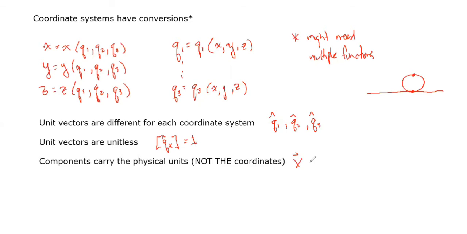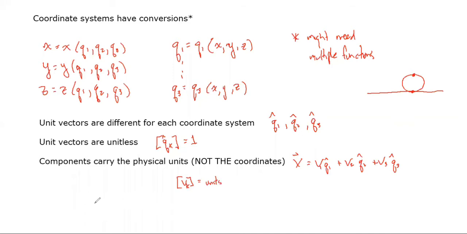So if I choose to describe a vector in some different coordinate system, v1 q1 hat plus v2 q2 hat plus v3 q3 hat, these components have whatever physics units I need.